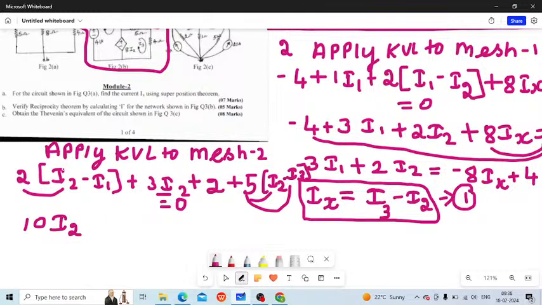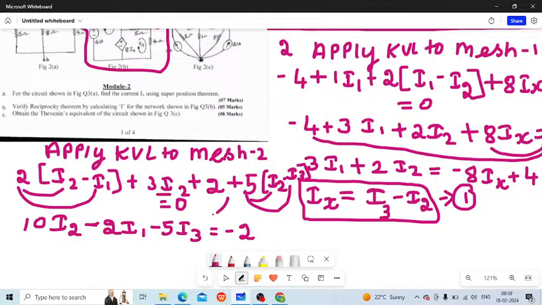And here you have 2 multiplied by minus I1, which will be minus 2I1, right? I'm sorry for the distraction. So it is 10I2, and this will be minus 2I1, and minus 5I3, which is equal to minus 2.